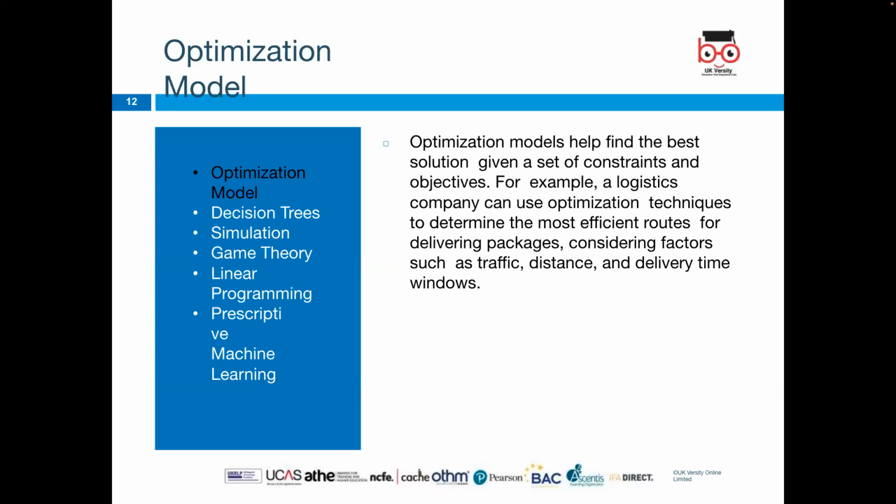So the first one, optimization models, helps find the best solution given a set of constraints and objectives. For example, a logistics company can use optimization techniques to determine the most efficient routes for delivering packages, considering factors such as traffic, distance, and delivery time windows.